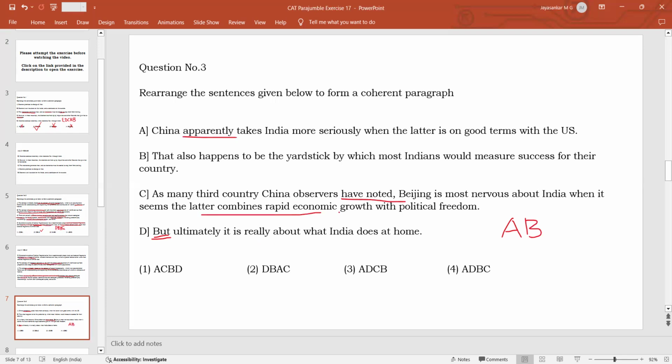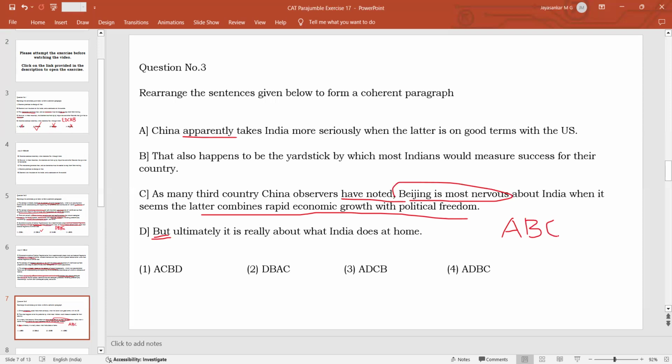When the latter combines rapid economic growth with political freedom. At that time, what happens? Beijing is most nervous. So it would appear that China becomes nervous when India is friendly with the USA, but it is ultimately actually about what India does. So that is why, when India is combining economic growth with political freedom, that is what we do at home, Beijing becomes very nervous.